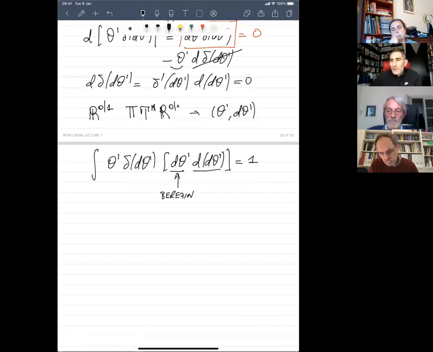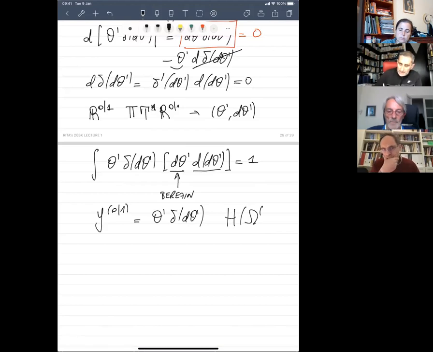So therefore, to answer Paolo's question, indeed this simple object in Omega^{0|1}, is theta 1 delta of d theta 1. This is an element of the cohomology H of Omega^{0|1}. This object here is known in the literature as the picture changing operator. I will show you why this is so, what is the meaning of this object here. And indeed it is an element of the cohomology.